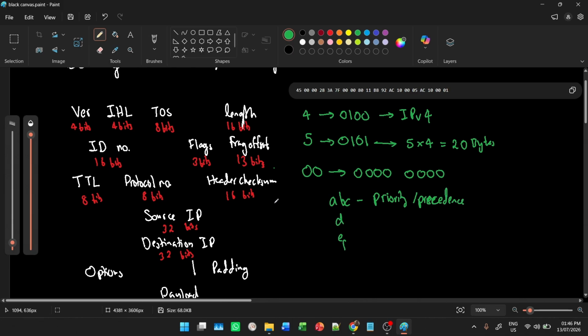Then we have D, E, F, and G, H. D is for delay. E is for high throughput. F is for high reliability, and G, H is reserved, or we learned it as unknown.